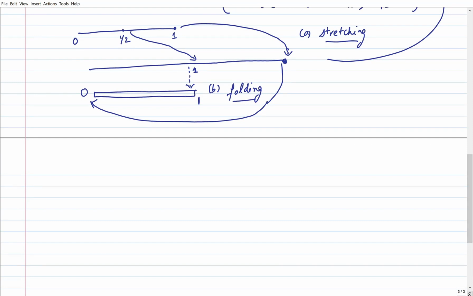So intuitively it's clear what the origin of chaos is in such systems.